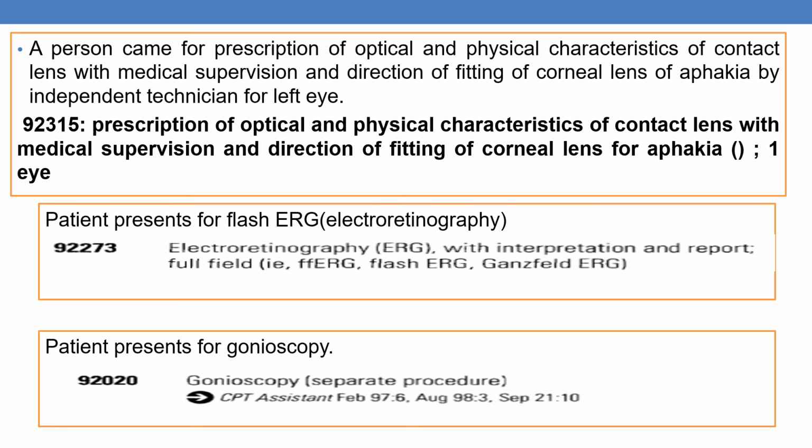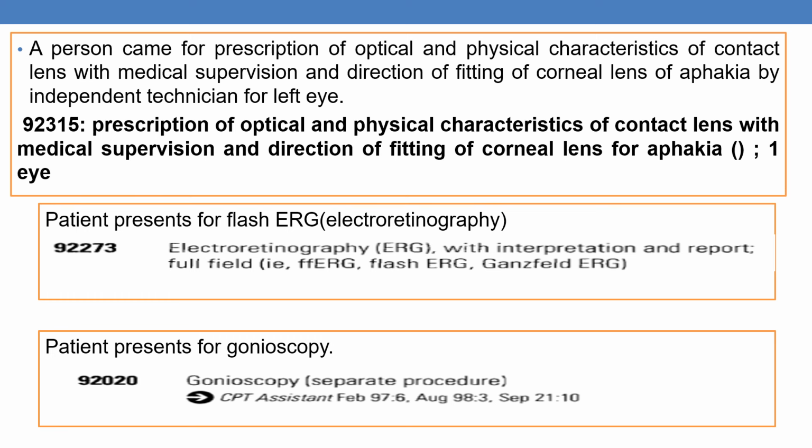Now let us see some examples. A person came for prescription of optical and physical characteristics of contact lens with medical supervision and direction of fitting of corneal lens of aphakia by independent technician for left eye.